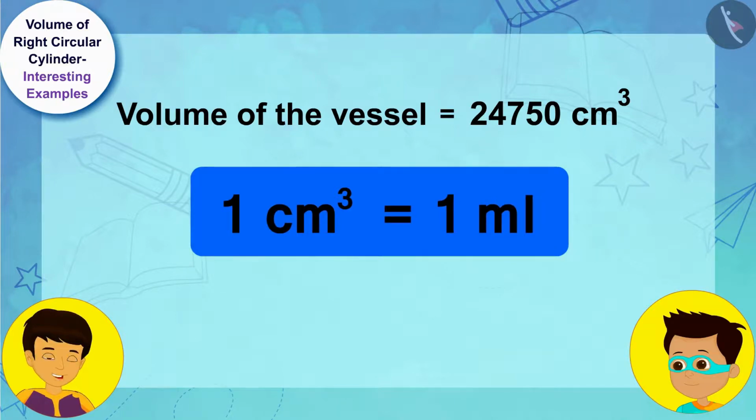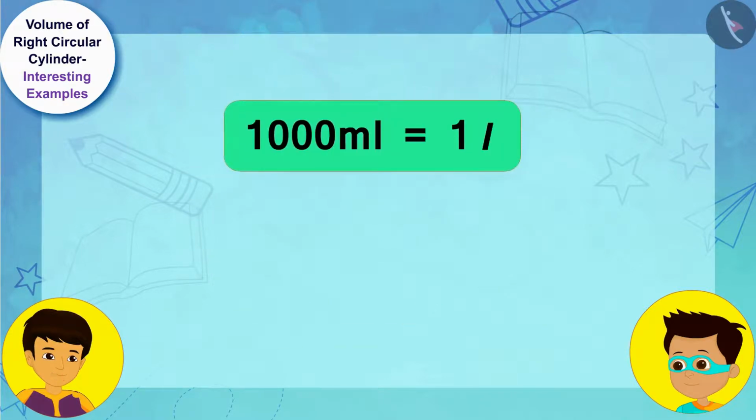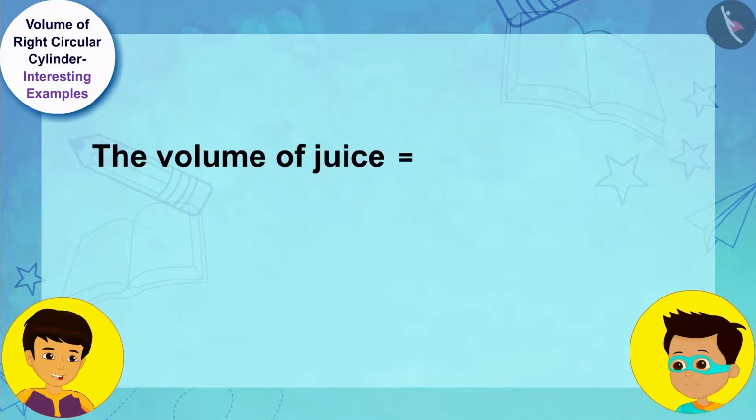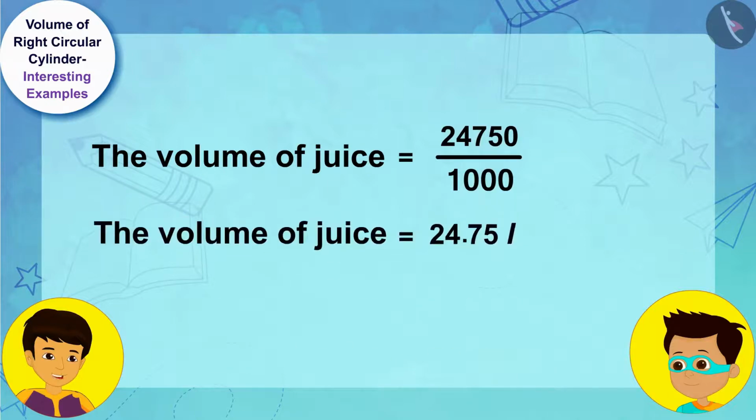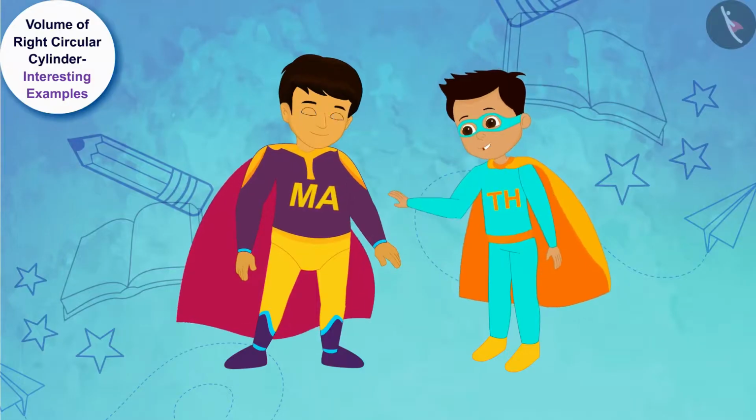Therefore, we can say that the volume of juice is 24,750 milliliters. And because 1000 milliliters is equal to 1 liter, the volume of the juice is 24,750 divided by 1000. That is 24.75 liters. Wow!